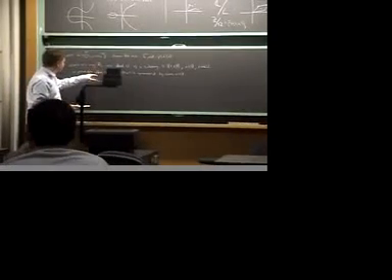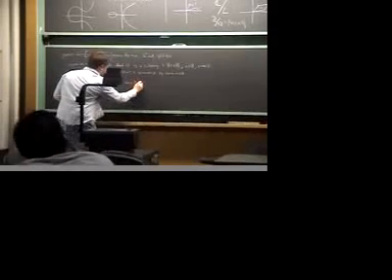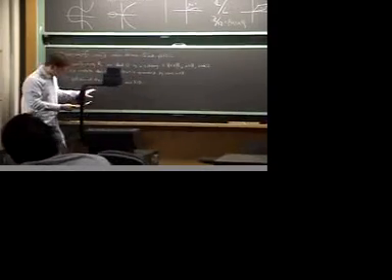Omega 1 is just 1, and omega 2 is just alpha. Have this property that every ideal is principal. You also can call this a principal ideal domain, and I'll just abbreviate that PID.